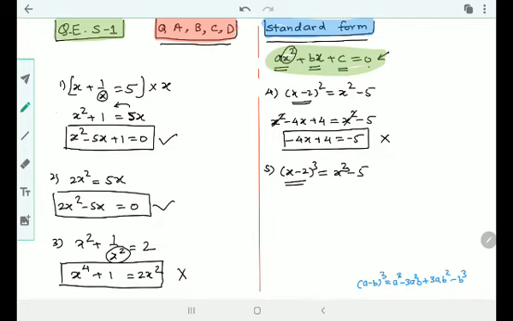I'll use that. So it is x cube minus 3 into x square into 2, so it is 6x, plus 3 into x into 4, so it is 12x, minus 8, 2 cube, is equal to x cube minus 5. x cube and x cube get cancelled.